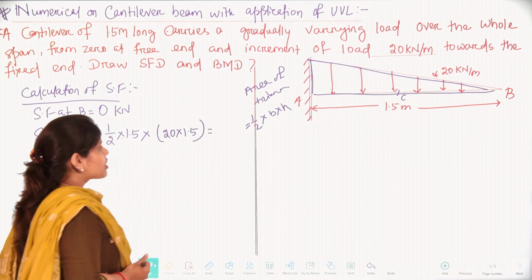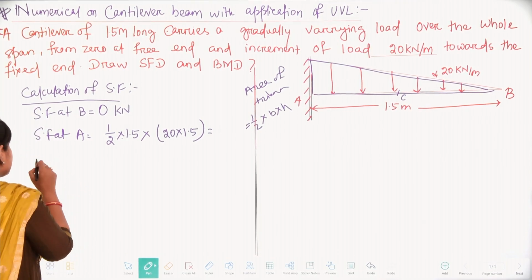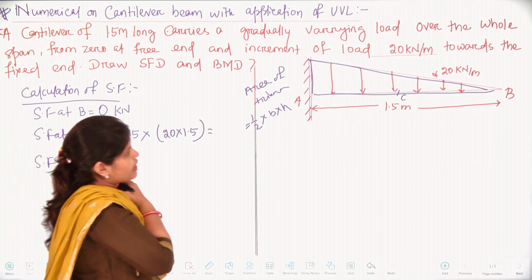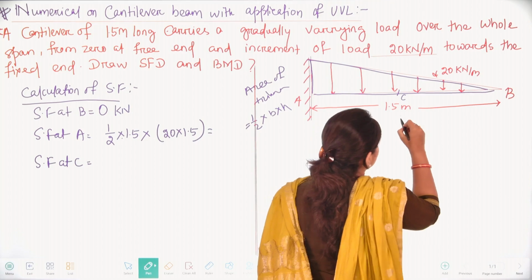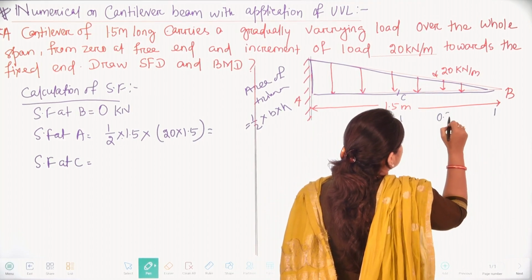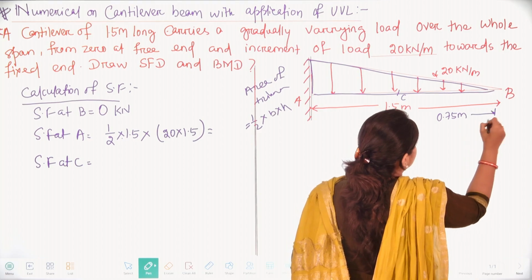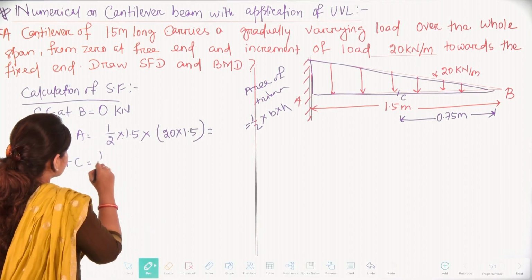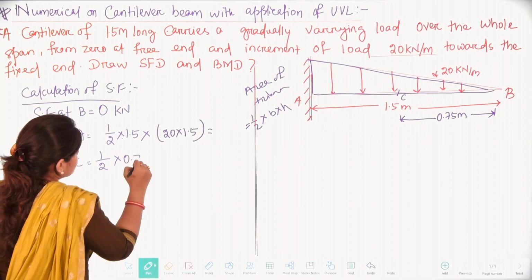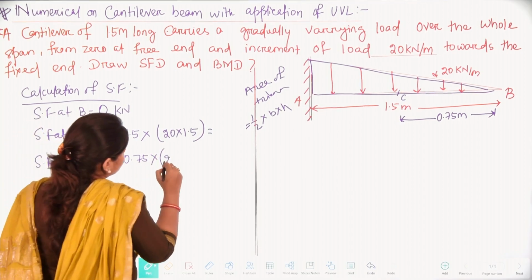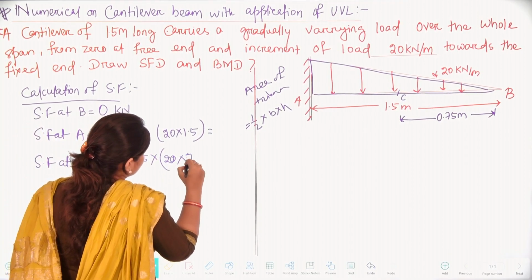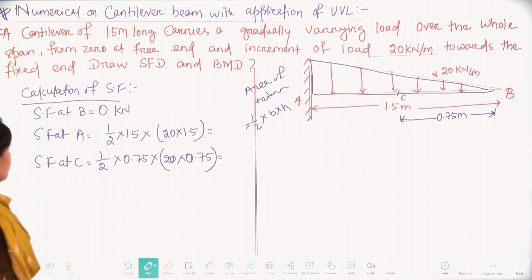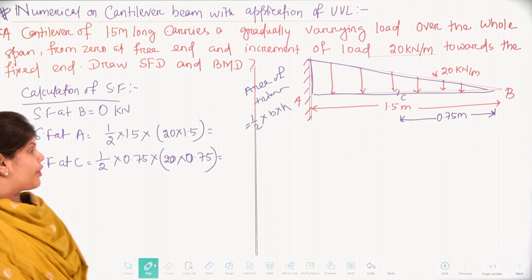Similarly, the shear force at C: the distance from this to this is 0.75 meter. So this will be half into 0.75 multiplied with 20 into 0.75. We have shear forces at 2 points.